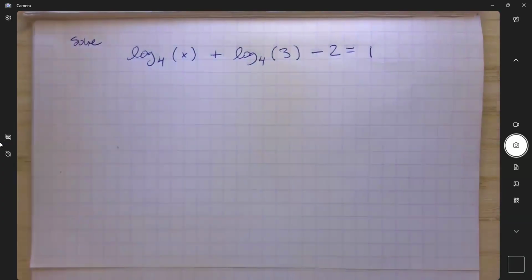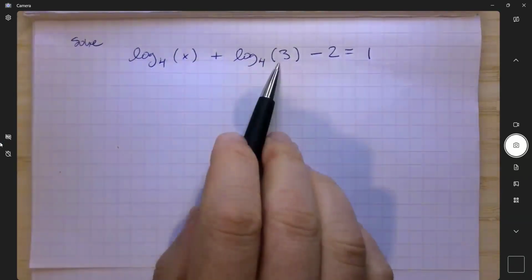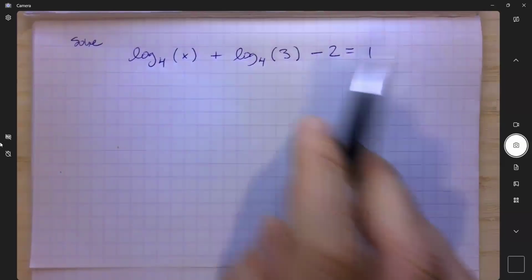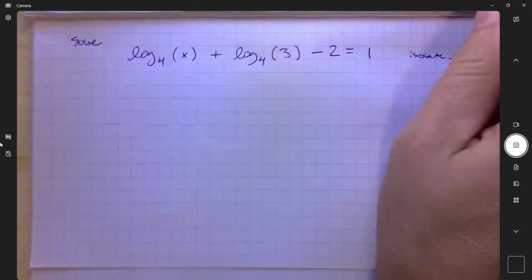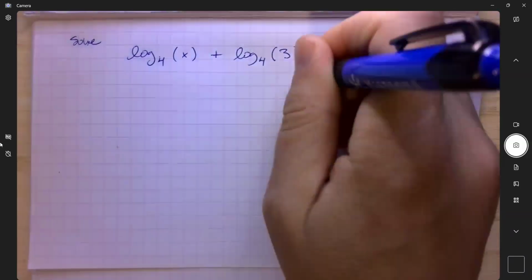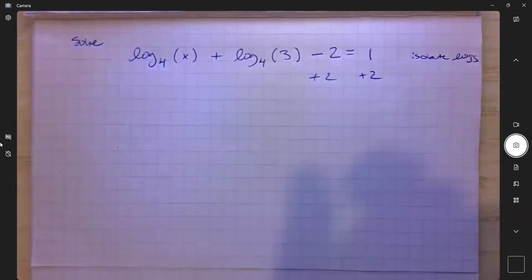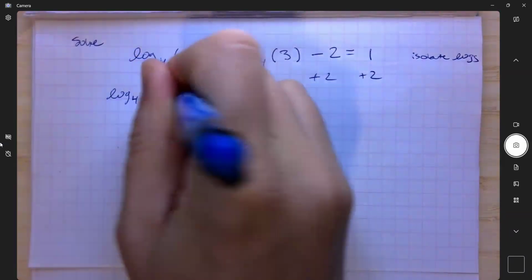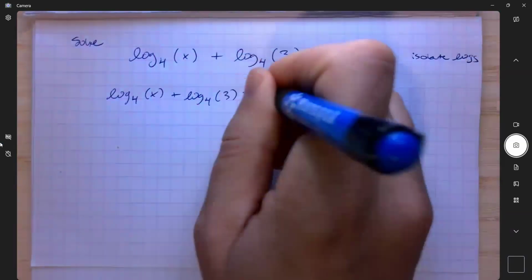So I've got a couple of things going on here. First of all, I got a couple of logarithms, not just a single logarithm. And second of all, I've got some other numbers. So first, I'm going to need to isolate any logs. And I'll do that by adding 2 to both sides. And that gives me log base 4 of x plus log base 4 of 3 equals 3.